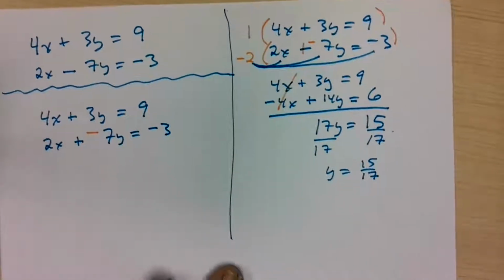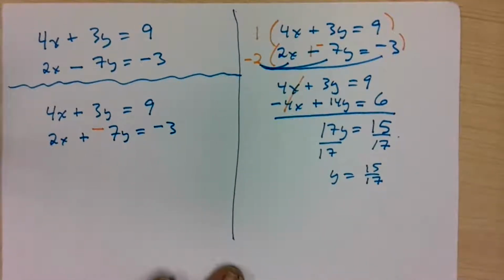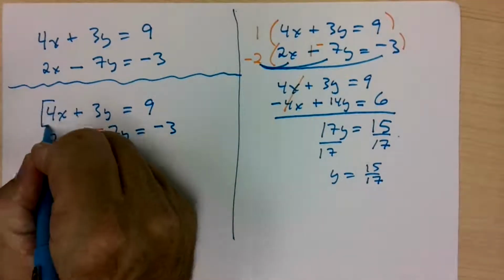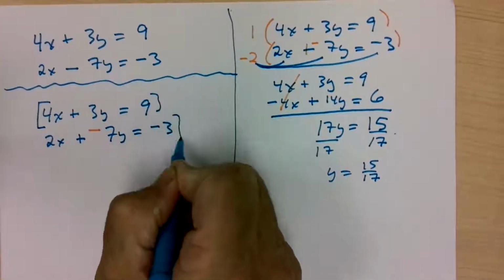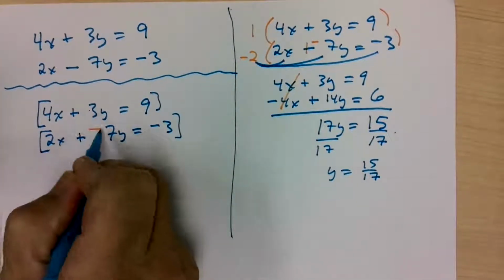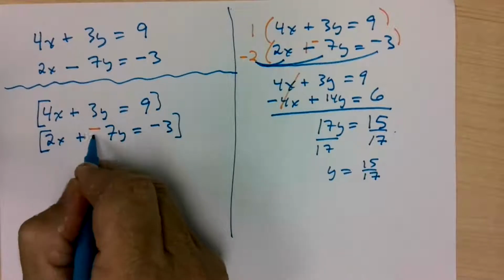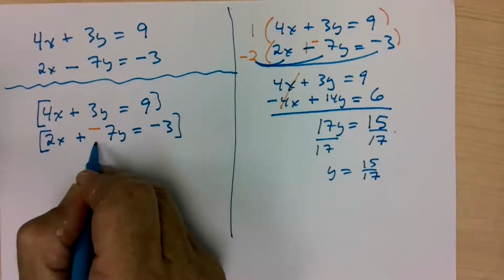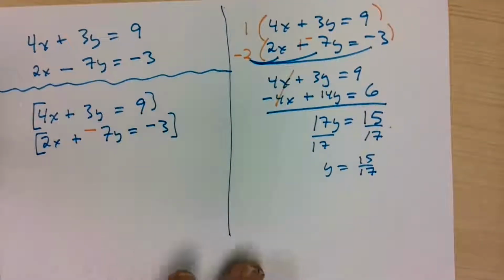And I look at the y values and I ask myself, what is the least common multiple of 3 and 7? It would be 21. Make them both 21, but make one positive, one negative.